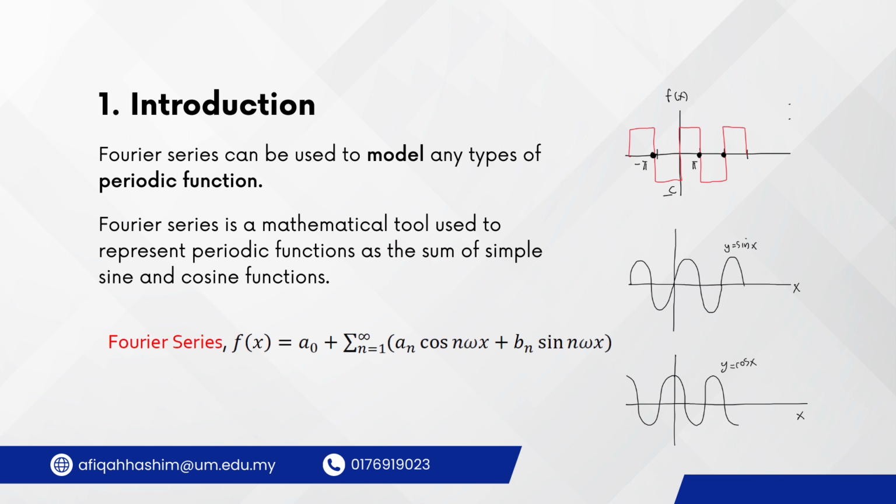The f of t simply represents the square wave function, and we can rewrite it as an infinite sum of either a cosine or a sine function added to a DC term, or a constant term. So this represents the DC term, and this represents the AC term, which is dependent on the radial frequency of the periodic function.